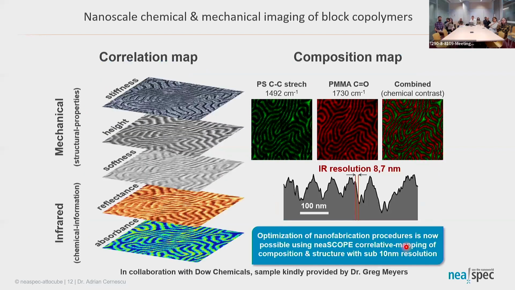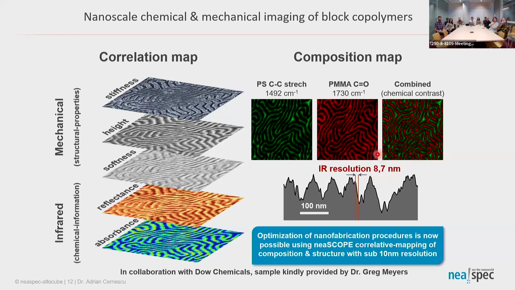All right, this is another example of a polymer. This is a mixture of polystyrene and PMMA. And here you can see again how the optical contrast is changing when you tune the laser. And this is the combined chemical contrast. The resolution here is better because the tip was somehow sharper.